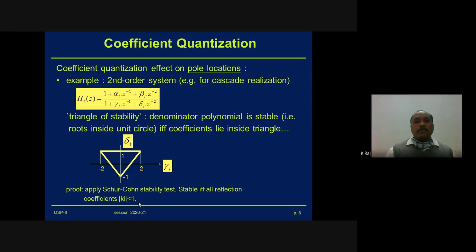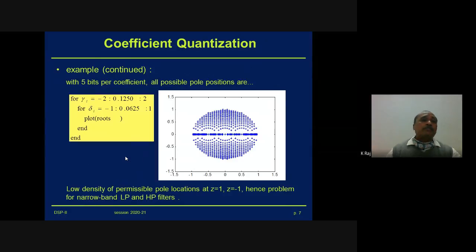For a second order system, it will be represented by a transfer function with a second order denominator and a second order numerator. We have to see whether the poles lie inside the triangle of stability or outside of it.